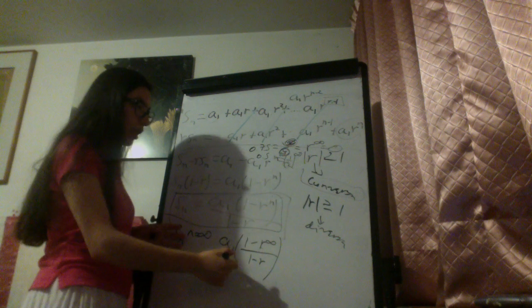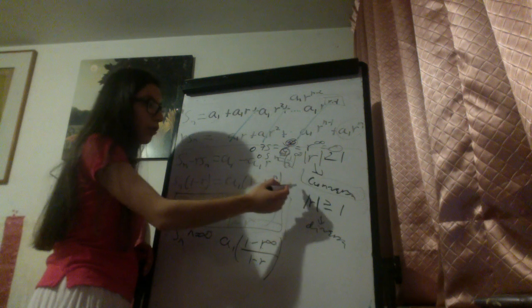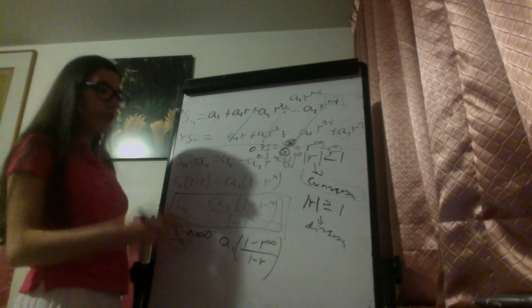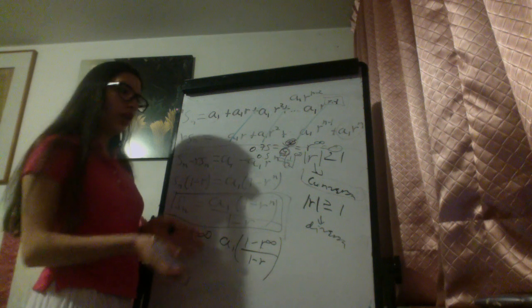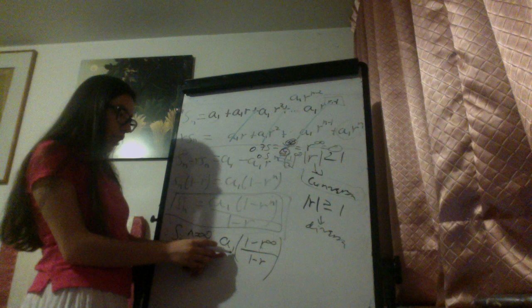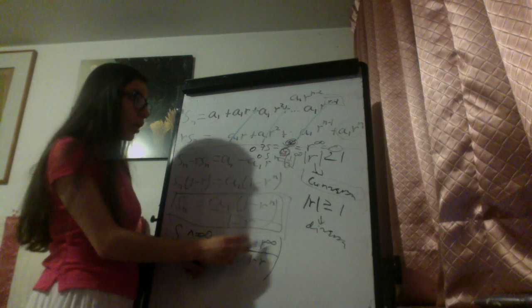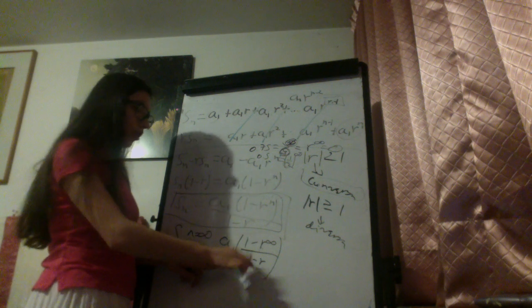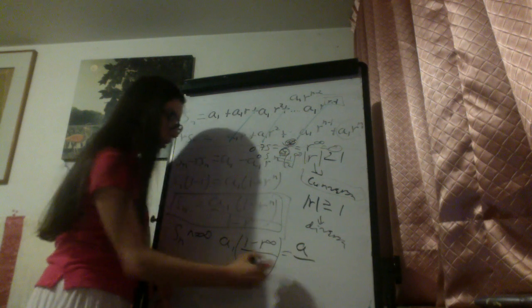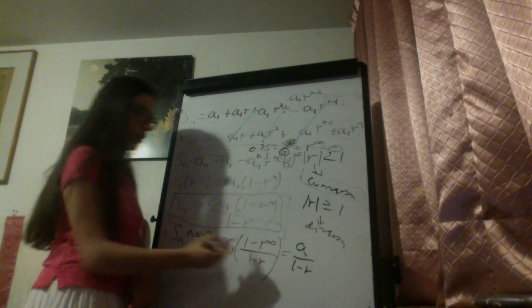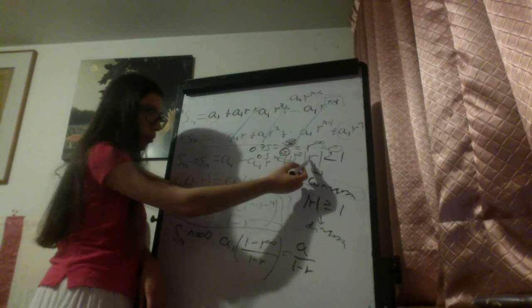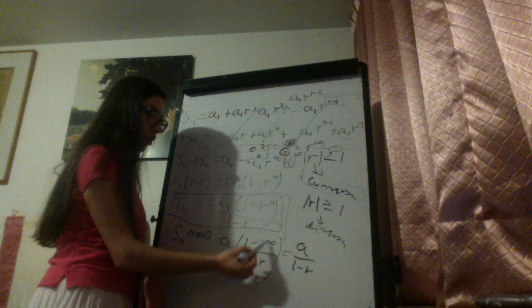We are doing this because we already know that the absolute value of r is less than 1, since we are saying that the series converges, and now we want to see to what value the series is converging. So a sub 1 times 1 minus r to the infinity divided by 1 minus r is just a divided by 1 minus r, because this r to the infinity, with the absolute value of r less than 1, is just 0.